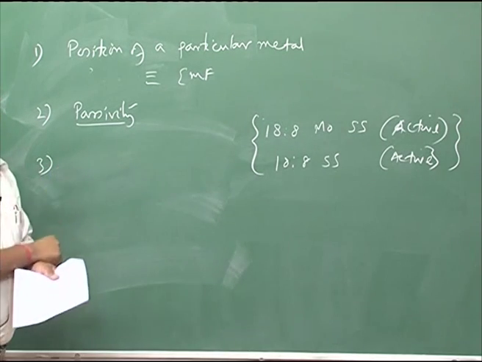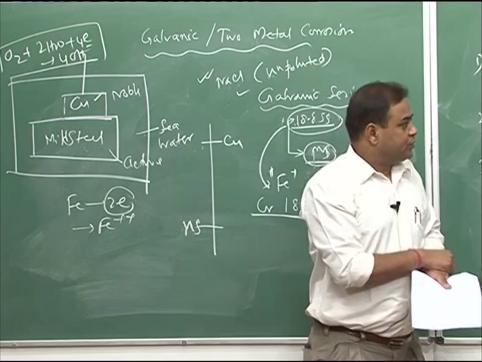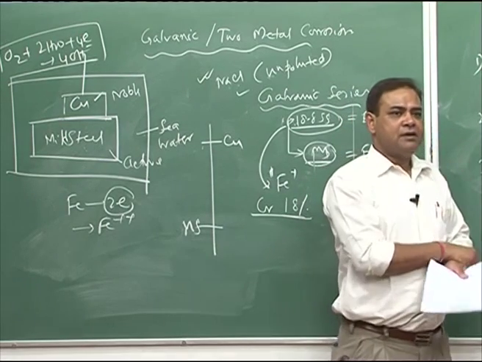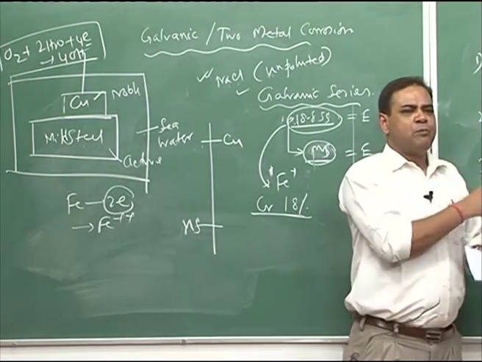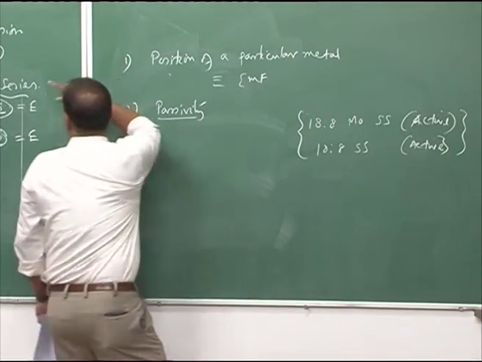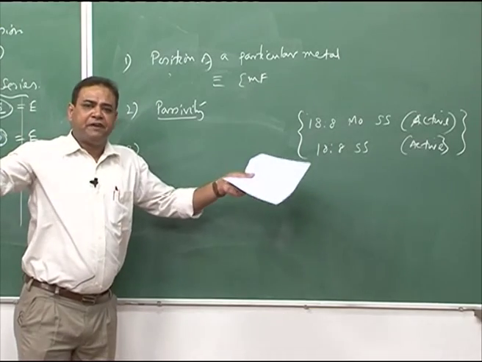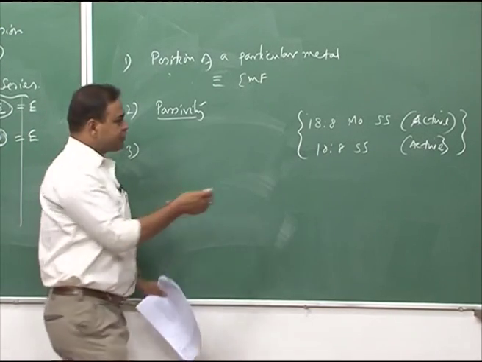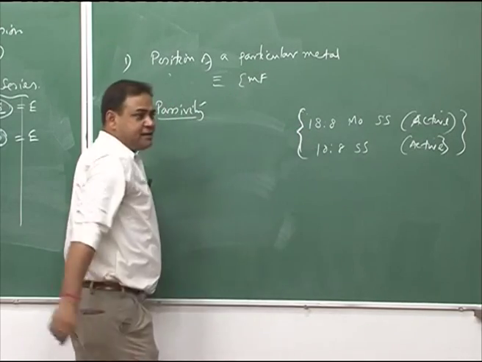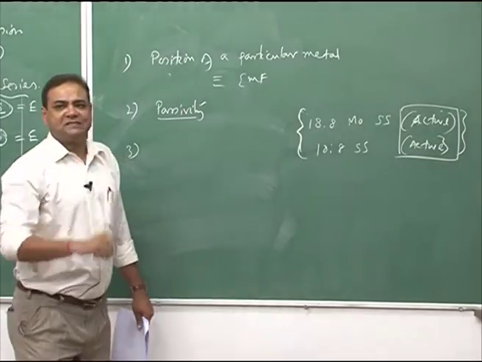If we combine them, there would be very little potential difference between the two, and the situation will not be galvanic in nature; there could be uniform corrosion over the two different metal surfaces. That is what the bracket and the word active mean: they have not gone into the passive state.